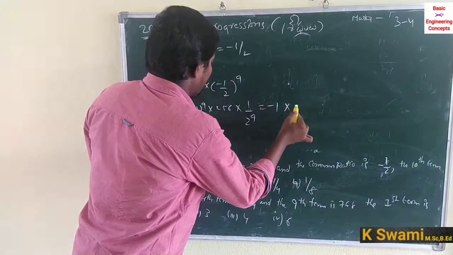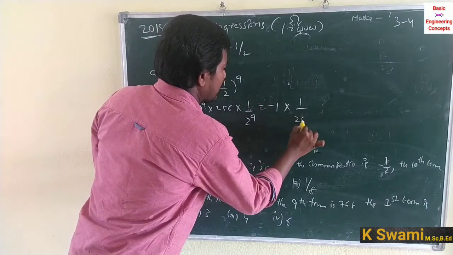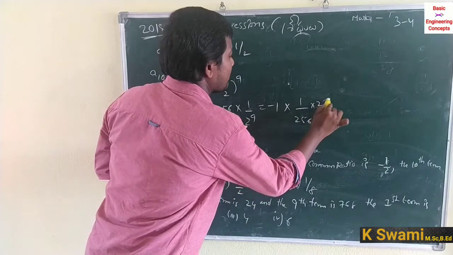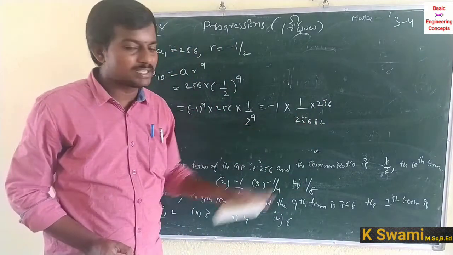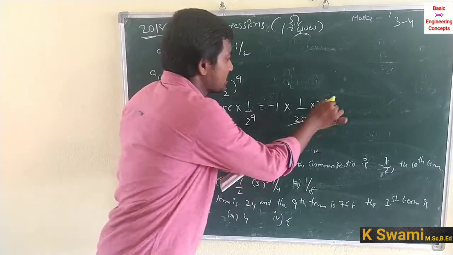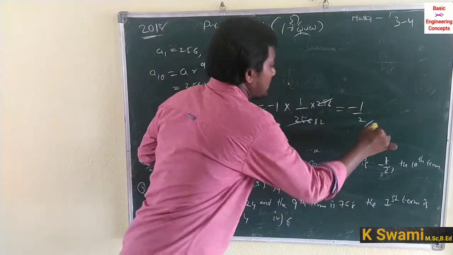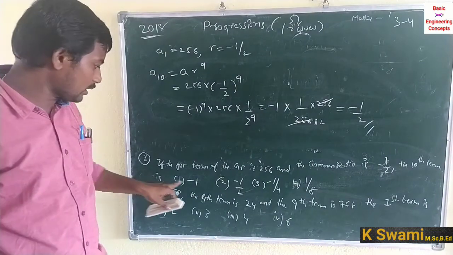So 1/256 into 256 into 2. 2 power 9 means 256 into 2. So 256 by 512, -1/2.